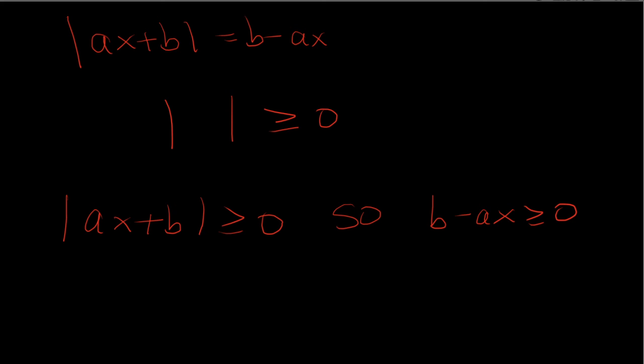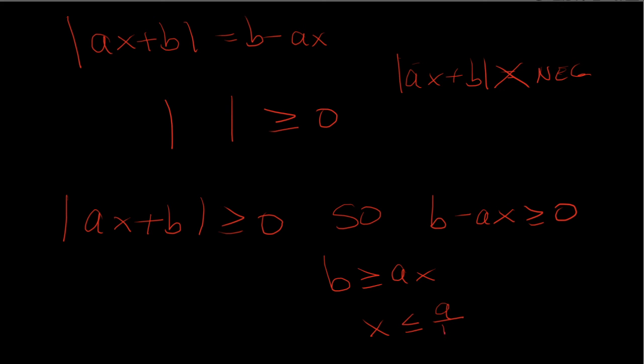If b minus ax is negative, we'll get the absolute value of ax plus b being negative, and that's wrong. So the condition for this to work is that b minus ax has to be greater than or equal to 0. And so b is greater than or equal to ax, so x has to be less than or equal to b over a.